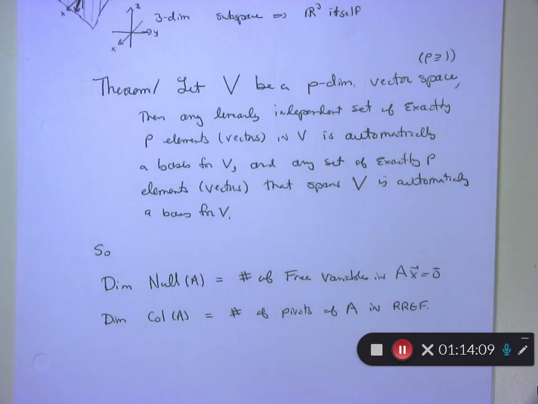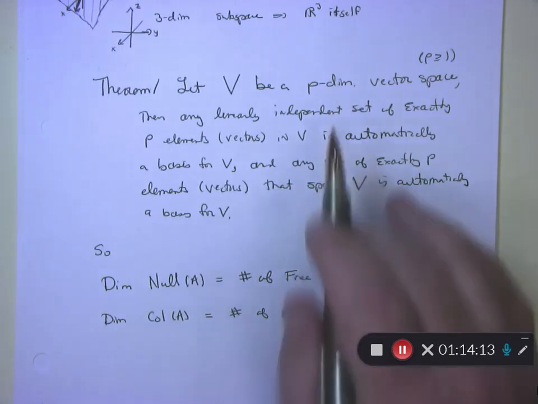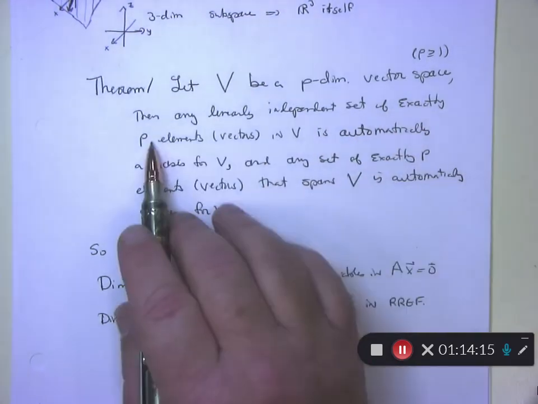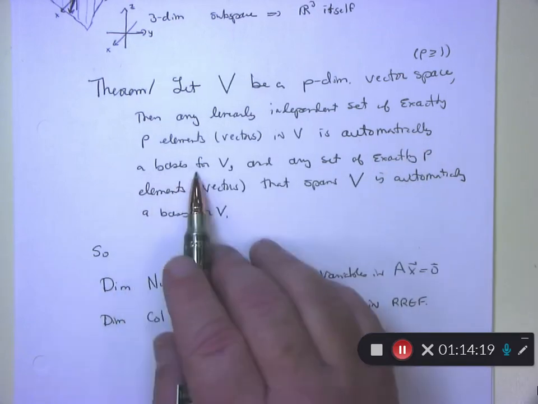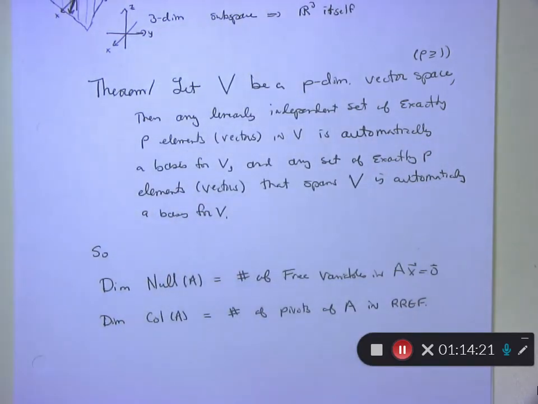Theorem. Let V be a p-dimensional vector space, then any linearly independent set of exactly p vectors in V is automatically a basis of V. That's what we were talking about earlier. How many bases are there?